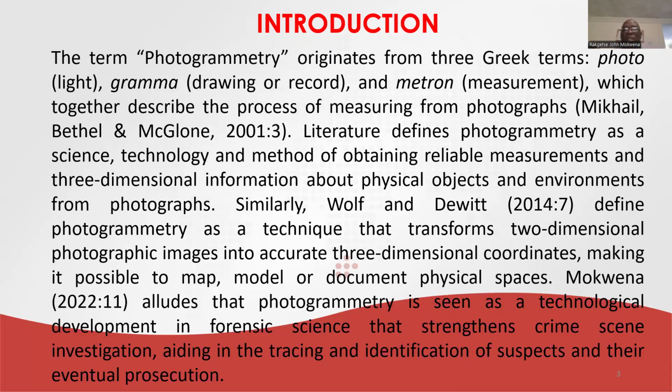Literature defines photogrammetry as a science, technology, and method of obtaining reliable measurements and three-dimensional information about physical objects and environments from photographs. Similarly, Wolf and Dewitt 2014, page 7, define photogrammetry as a technique that transforms two-dimensional photographic images into accurate three-dimensional coordinates, making it possible to map, model, or document physical spaces.